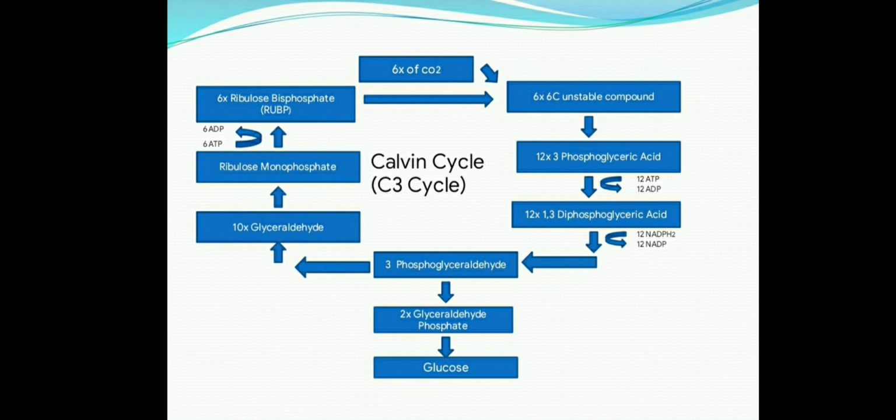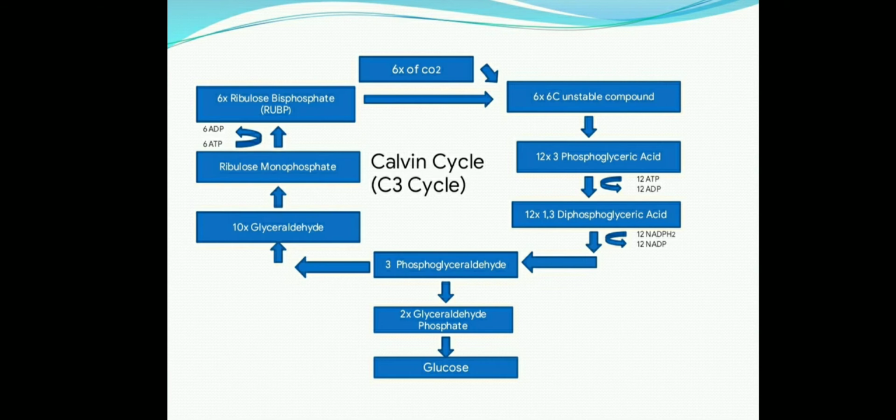So students, the first stage in the Calvin cycle is when RuBP combines with CO2 in the presence of the RuBP carboxylase enzyme. Then the first unstable compound is formed, and from it the stable compound, 3-phosphoglyceric acid, a 3-carbon compound.